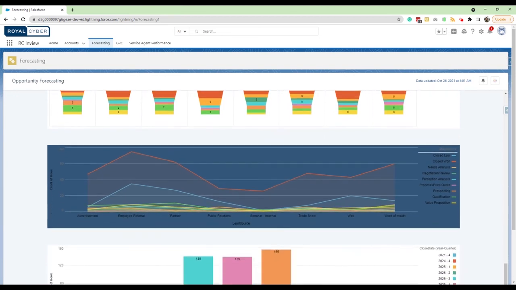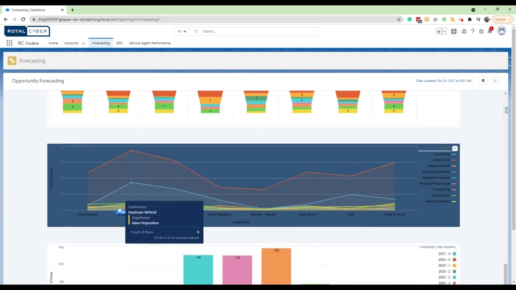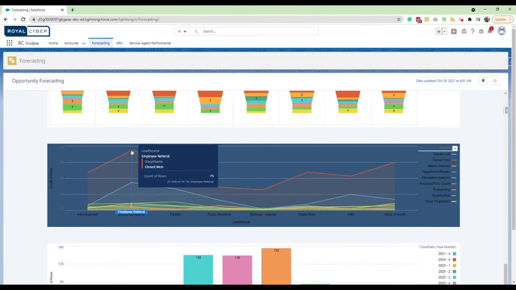So now this basically tells me that all the opportunities that have come in because of an employee referral, the chances of them getting closed are pretty high, because the majority of my closed opportunities are from employee referral.